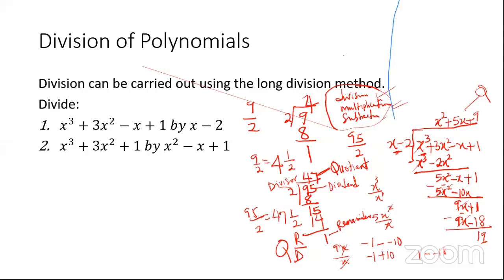Now look at this division that I've done. I got 19 as the remainder. Sometimes they ask questions that say find the remainder. Do I need to go through all this stress every time I want to find the remainder?